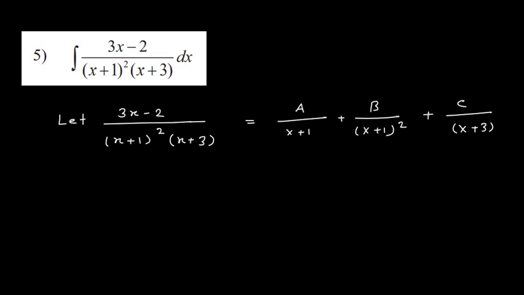Okay. So 3x minus 2 upon x plus 1 the whole square into x plus 3, you will say that this is a upon x plus 1 plus b upon x plus 1 the whole square plus c upon x plus 3. Okay.